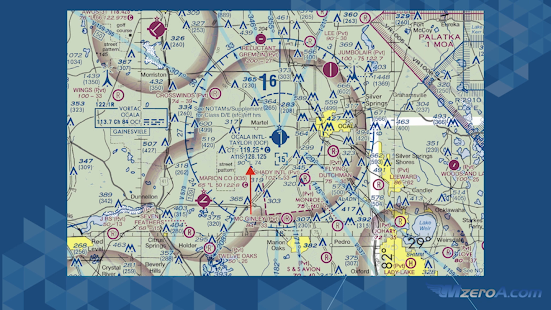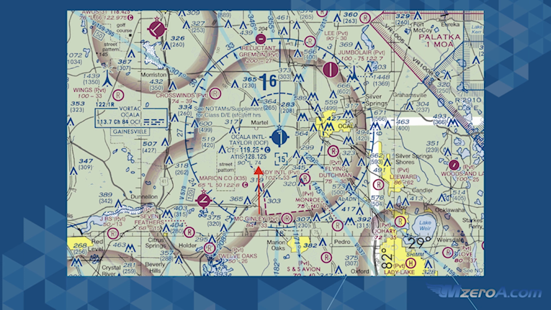The letter L with the asterisk tells us there's a lighting limitation. It could be some experimental lighting the FAA is testing, but more often than not, we know it as pilot-controlled lighting, which means you actually use your microphone switch to activate the lights and the lighting intensity. The next number, 74, tells us that the longest runway at the Ocala Airport measures 7,400 feet.